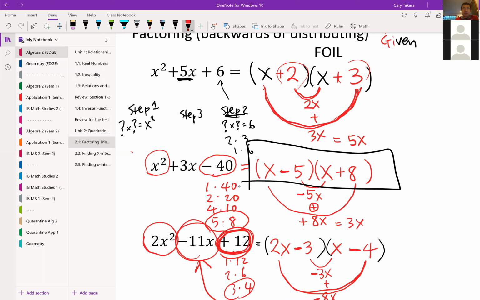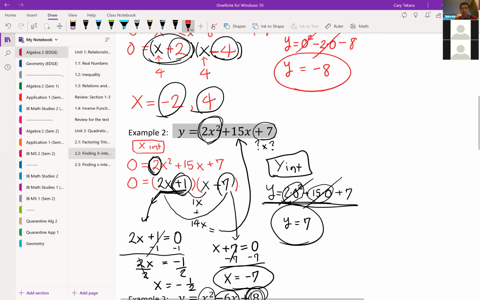Are all the expressions of this form, x squared plus something x plus something, factorable? Can you factor it? The answer is no. Some of the quadratic functions, you cannot factor. Okay. And so what do you do if you cannot factor?